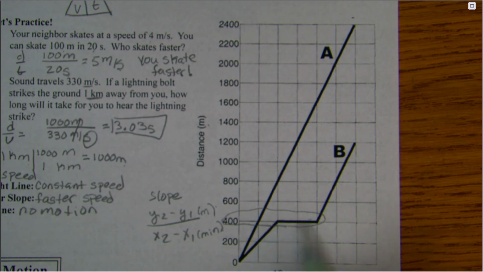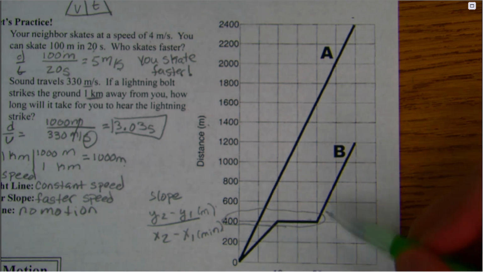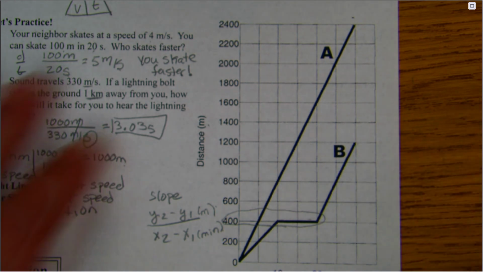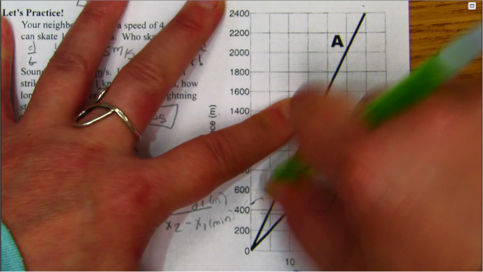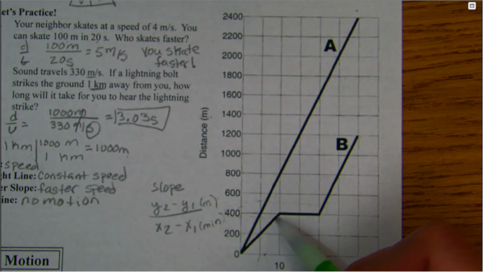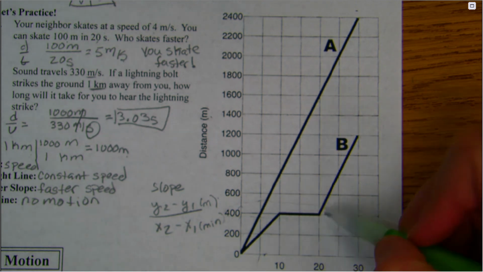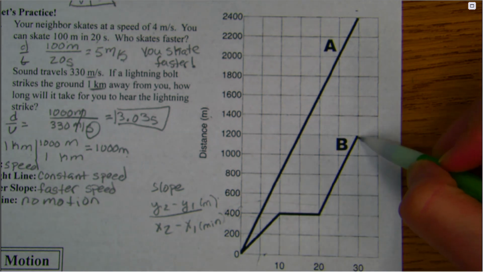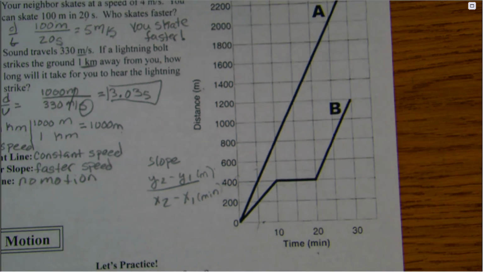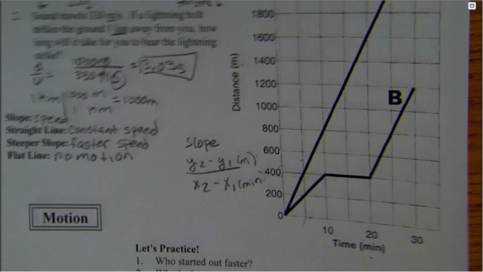We have no motion. And then object B starts out again. So maybe this is a person that's on a trip. They leave their home and they're traveling at a constant speed. They stop to get gas and maybe a snack, and then they head back out on their merry way to wherever they are going. So let's look at this graph and let's do some practice problems.